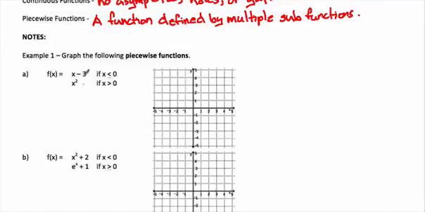So if I draw, and I'm going to use gray to draw with a pencil, x minus 3. Well, that's just a linear equation. It goes through the y-intercept at -3, and then we are going up 1 over 1. And so this function looks like this. And then I have the x squared function, which we've been practicing.